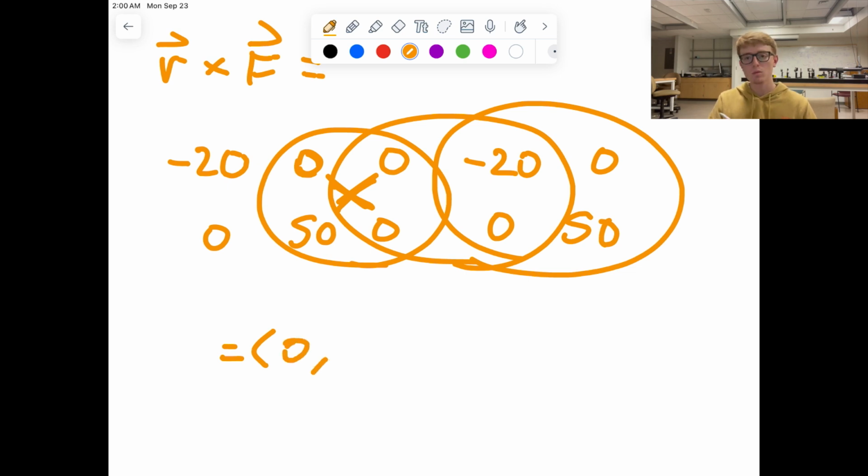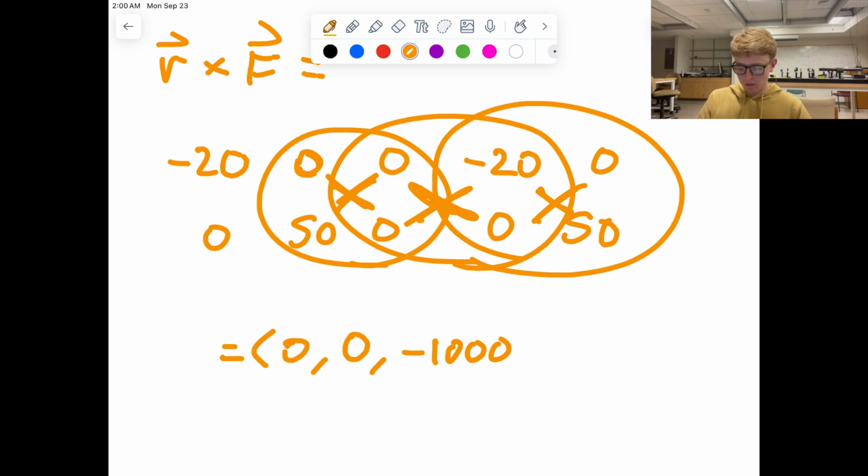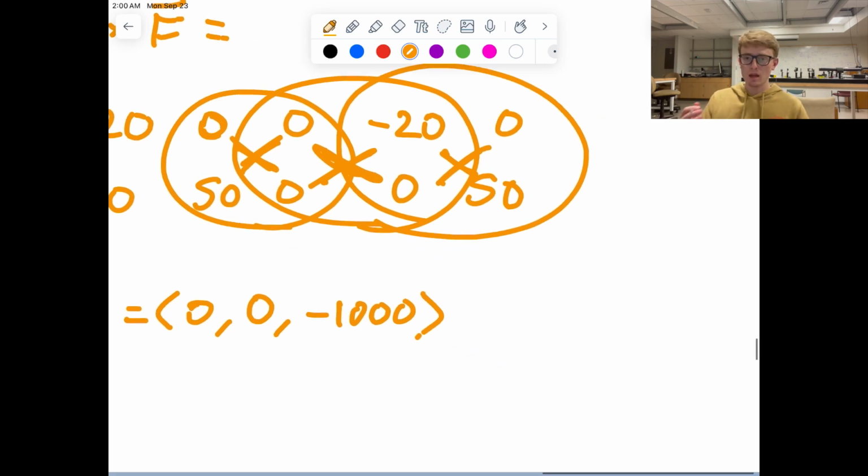So we get a 0 there, which is what we expect. Then we get 0 times 0, which is 0, minus 0 times -20, which is still 0. So we get a 0 here, again what we expect. And now we get -20 times 50, which is -1000, minus 0, because 0 times 0 is 0. And that's it. So now we do get something in k hat.